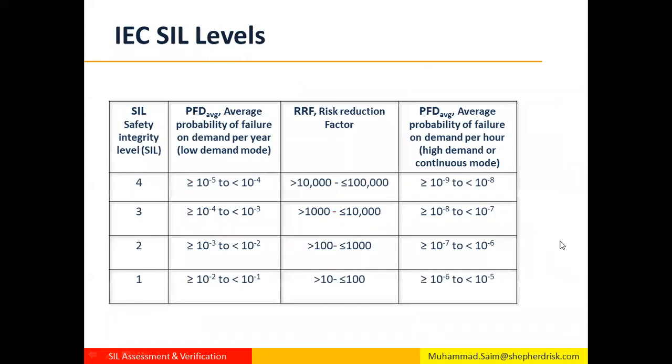So this is the IEC SIL levels table. SIL 4 being the highest safety level, SIL 1 is the lowest safety level. SIL 1 represents a risk reduction factor between 10 to 100, or conversely, a PFD between 0.1 to 0.01. Similarly, SIL 2 is a risk reduction factor of 100 to 1,000 times.